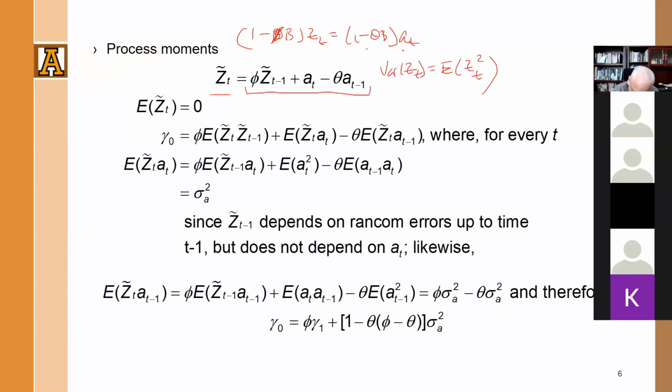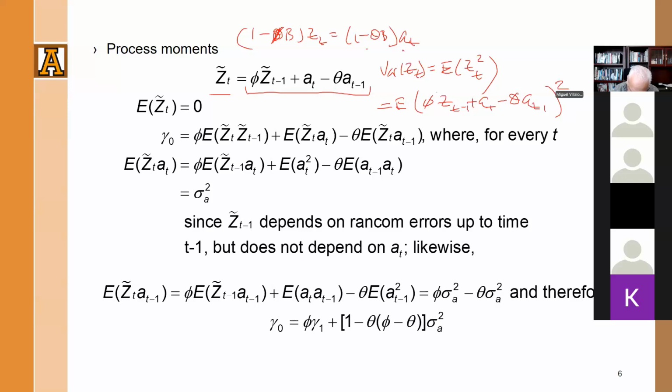I'm taking this thing squared. So this is going to be equal to what? When I take this thing squared, the expected value of Z_t squared is the expected value of (phi Z_{t-1} plus A_t minus theta A_{t-1}) squared.